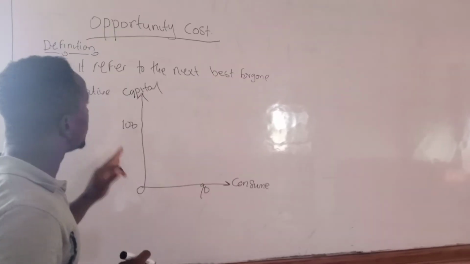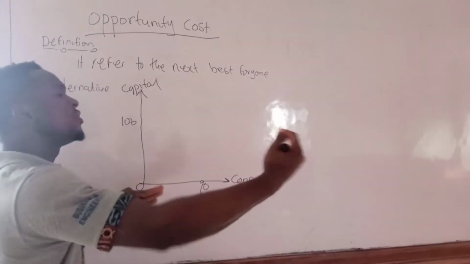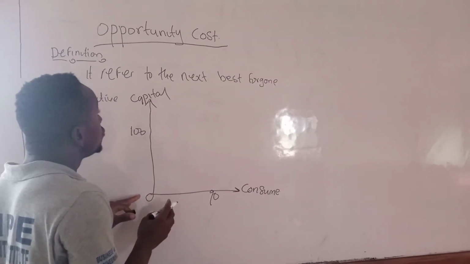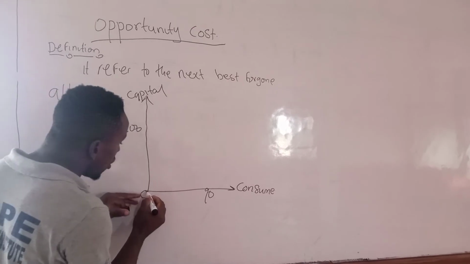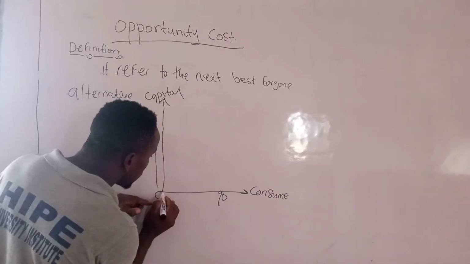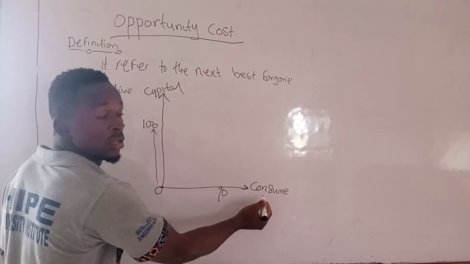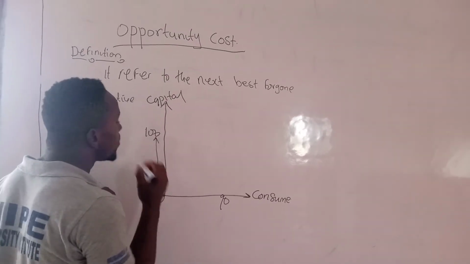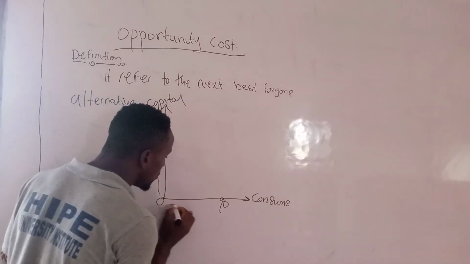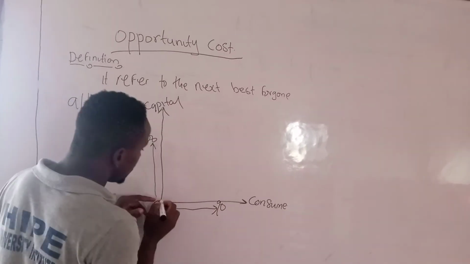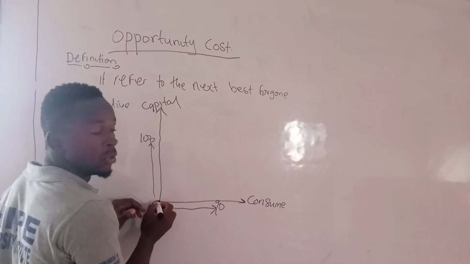If this country uses all its resources in the production of capital goods, then it will produce nothing of consumer goods. But if this country uses its resources in the production of consumer goods, from 0 to 90, it will produce nothing of capital goods.